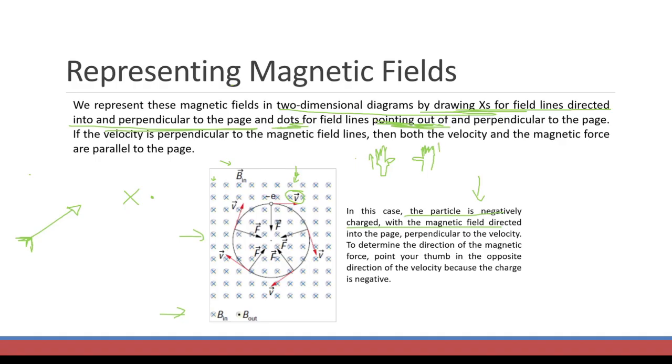Our fingers are into the page, this is parallel to the page, this is our v. And when we see that, our palm is pointing down. Rightfully so, because it matches this. So our right hand rule still works for this. Try it yourself, because it's a little hard to draw out, but you'll understand if you point everything in the right direction. Ask yourself the charge, and it will still match.